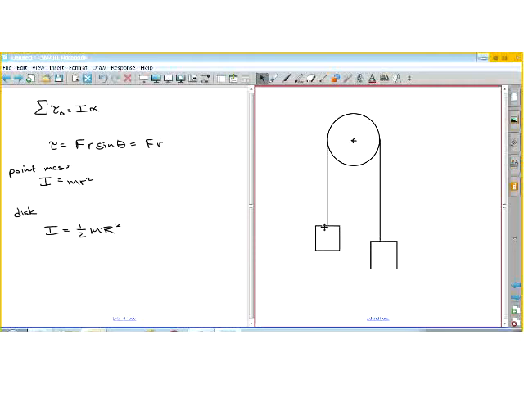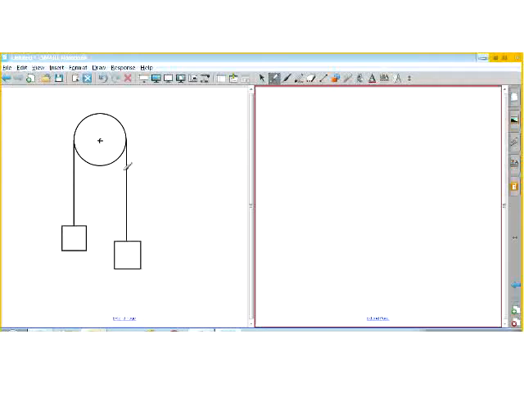So we had two things that were moving linearly, which were the masses, and we had one thing that wasn't moving linearly but was rotating. These are not rotating. This is rotating. So we looked at Newton's second law for the rotating object and Newton's second law for the hanging objects.